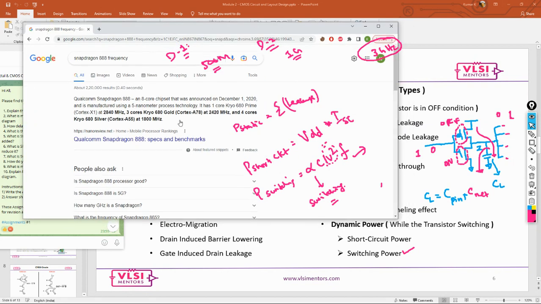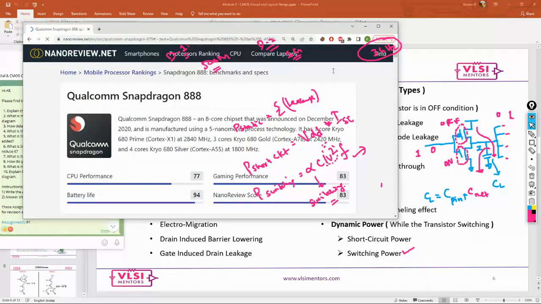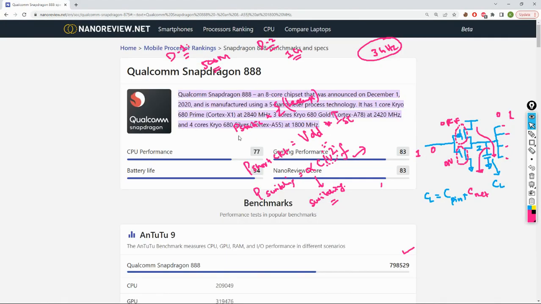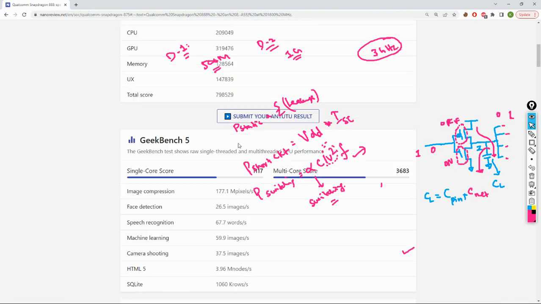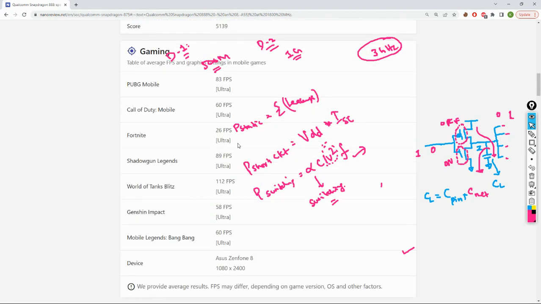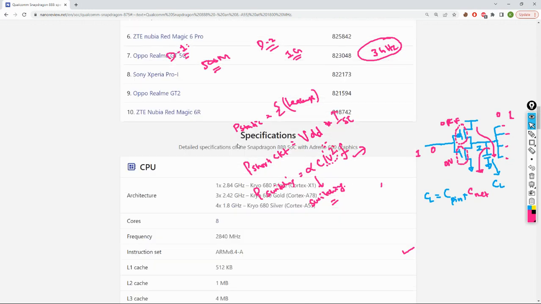Okay, so here you go. There are different things. Minimum two. If you take a look at it, you will have a minimum of 2 gig.